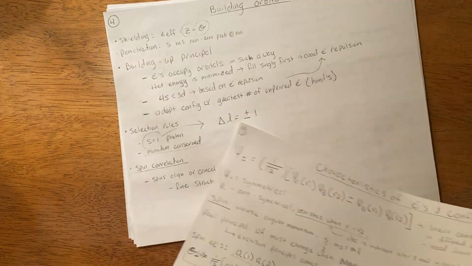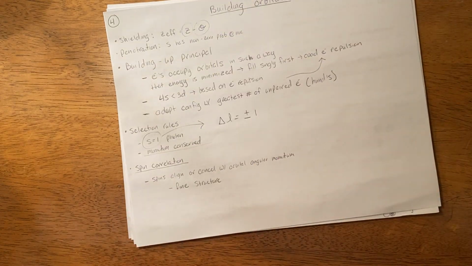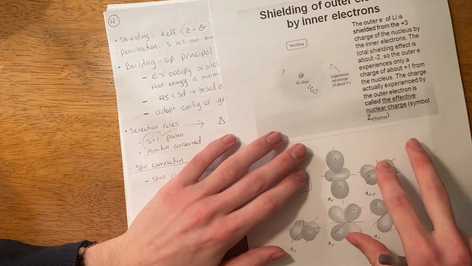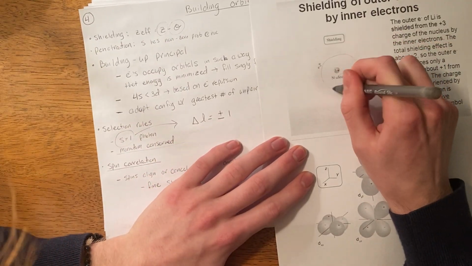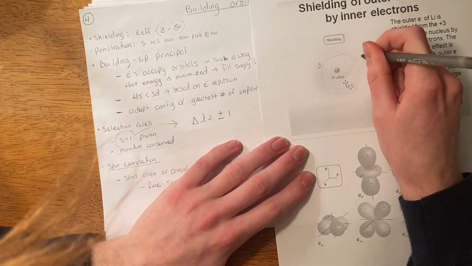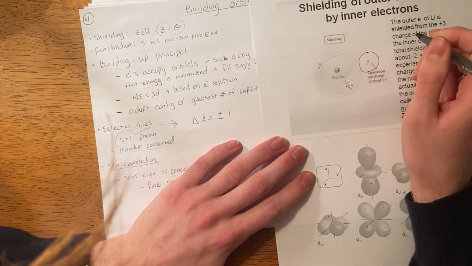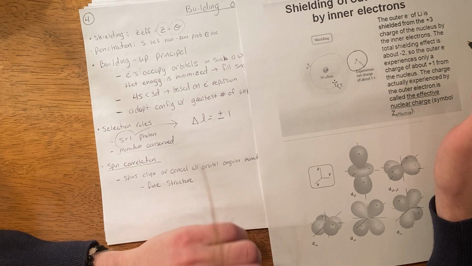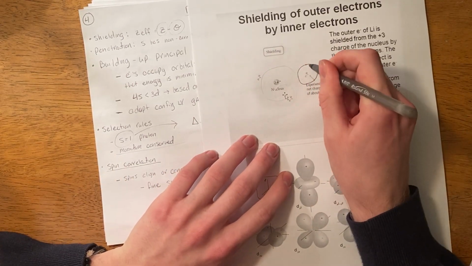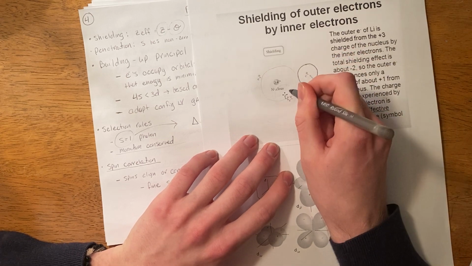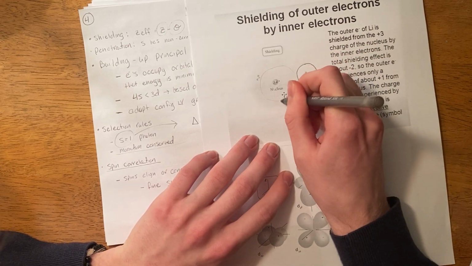So we'll move on and go to just a really quick thing about building orbitals that I thought was important. We've got the idea of shielding, which basically means that the electrons will repel each other within a certain radial distance of a given electron. So the effect here is that the actual nuclear charge is reduced for this electron, but is not so much reduced for, say, this electron.